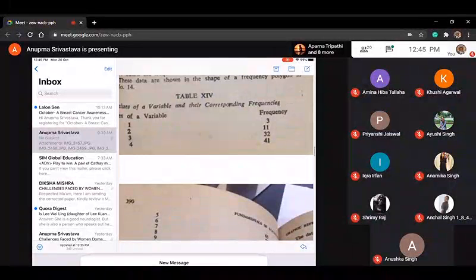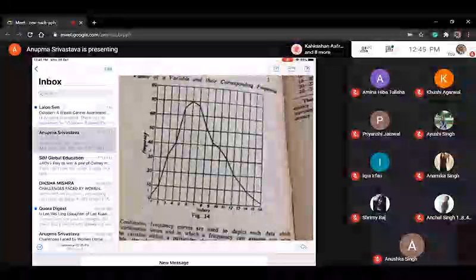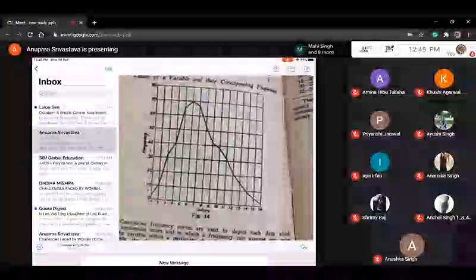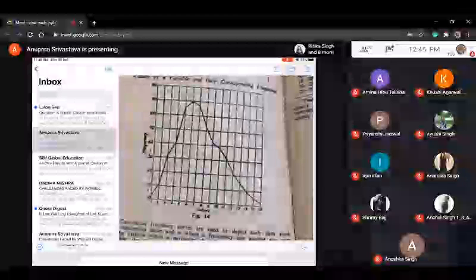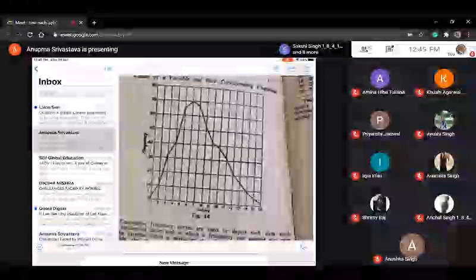So when you plot it on the diagram and you don't make the bar, but you join the points, then this is the breaking up or discontinuous curve. That is why it's also known as frequency polygon, right? Because you are joining the points with the corresponding frequencies. So it's called the frequency polygon.